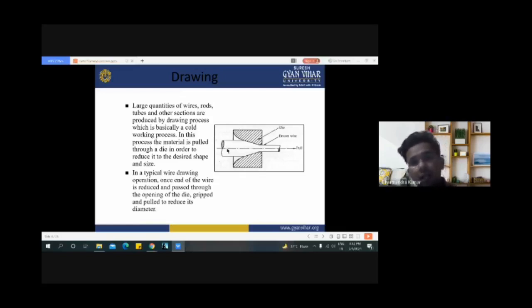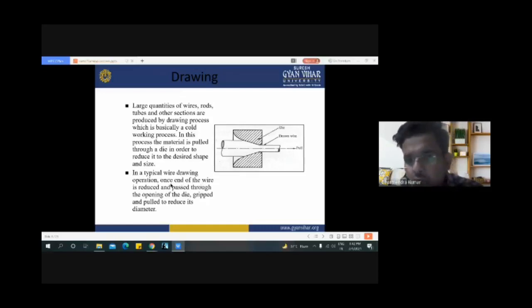But in the drawing process, the pulling of the required material is done with the help of servo motors from the die, because the die is always placed at the outer side of the overall arrangement. From the drawing process we can make long tubes and long wires. It is very convenient to produce long tubes and long wires.